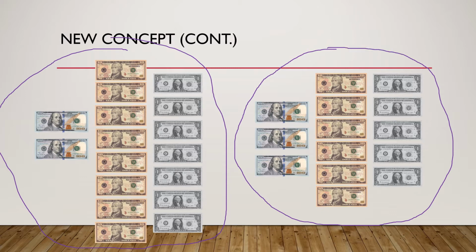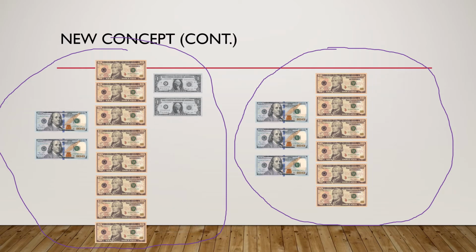So we're going to add these two together. Like I said, first we add together our $1 bills, and we end up with 12 of them. So we take 10 of our $1 bills away, leaving only the 2 singles, and we have to add an extra. That 10 we exchange for a $10 bill.